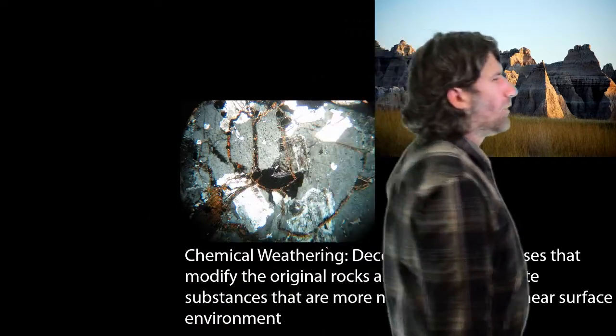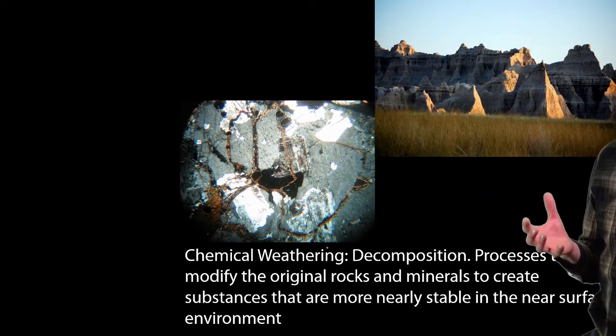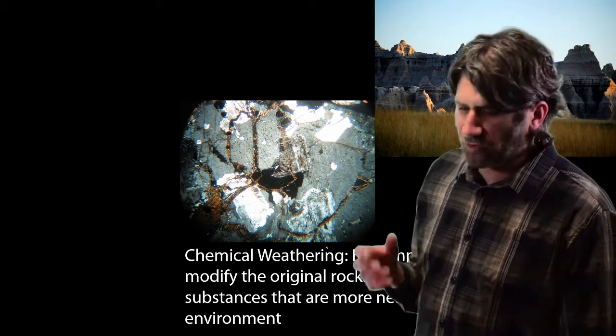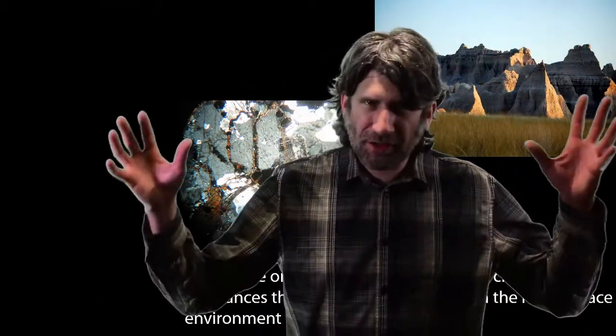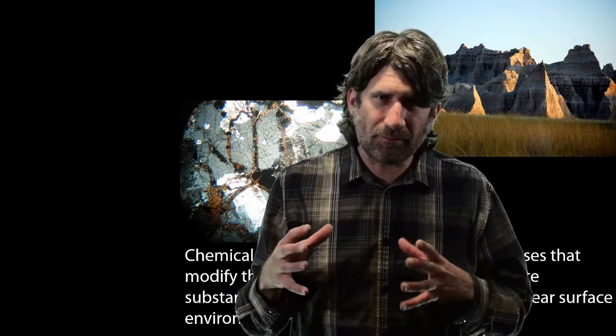The opposite of physical weathering would be what we call chemical weathering. Chemical weathering is decomposition. This is quite different than physical weathering. Physical weathering is just big stuff getting small, and we'll think about what that means in rocks in a minute.